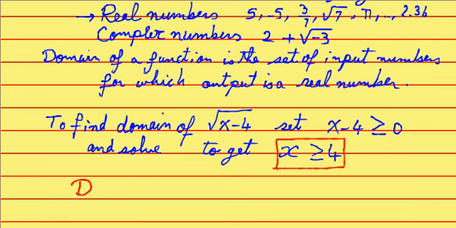This was domain of G is equal to the set of x such that, so this vertical line stands for such that, x is larger than or equal to 4. But as I said, this is sufficient for us.